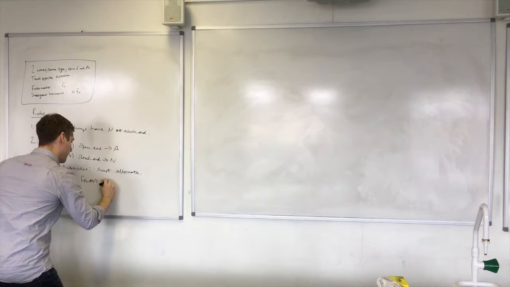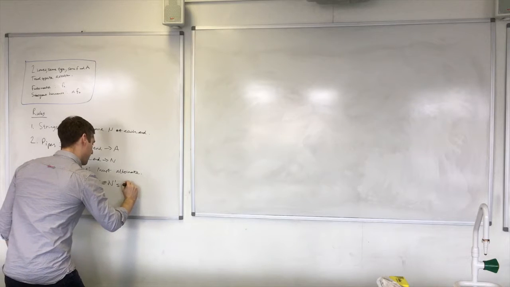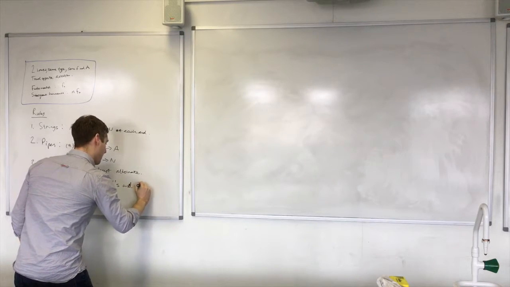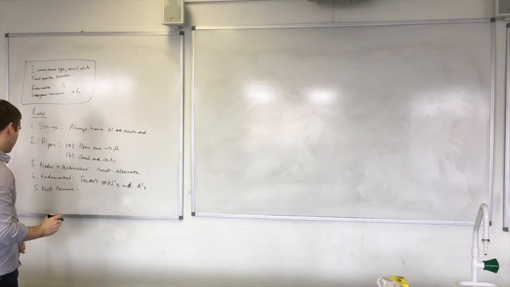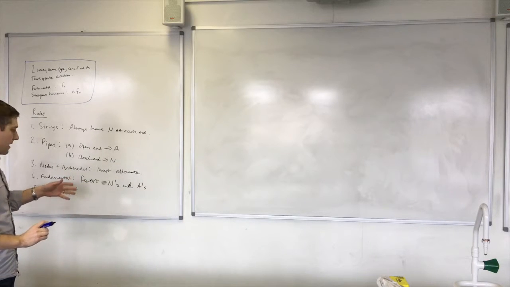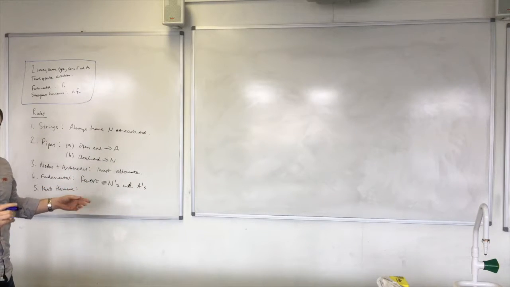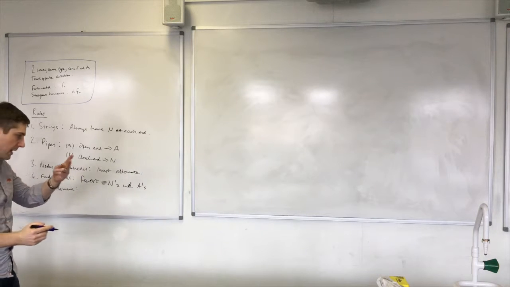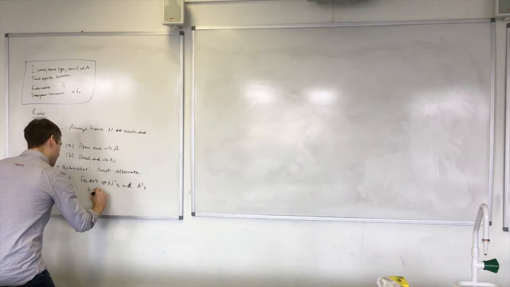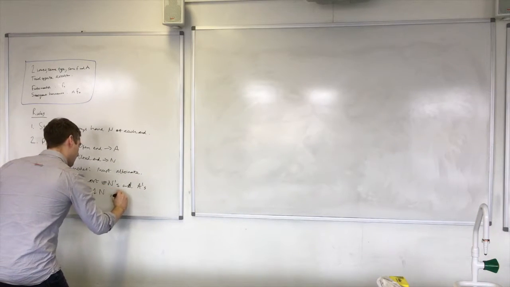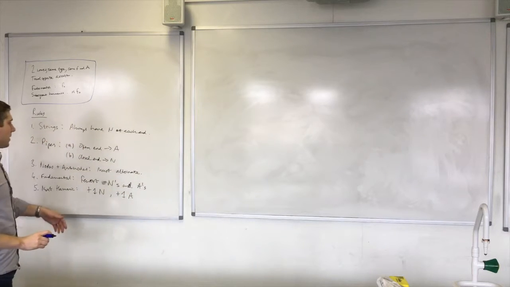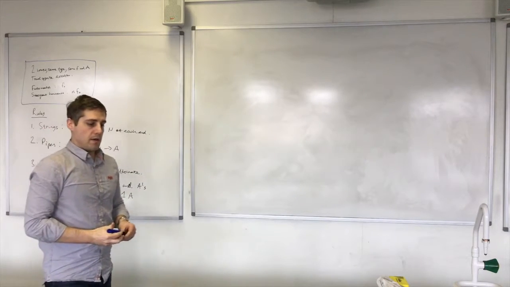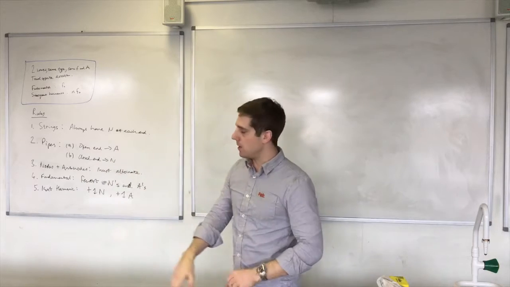That's rule 4. Rule 5 is the next harmonic occurs by adding on one node and one antinode. So you get plus one node, plus one antinode. So those are my rules for when you get the harmonics formed.